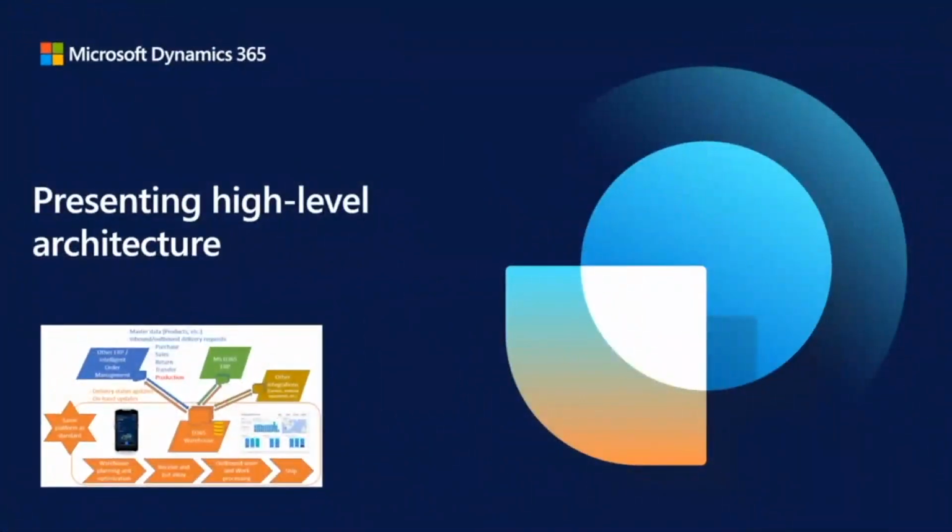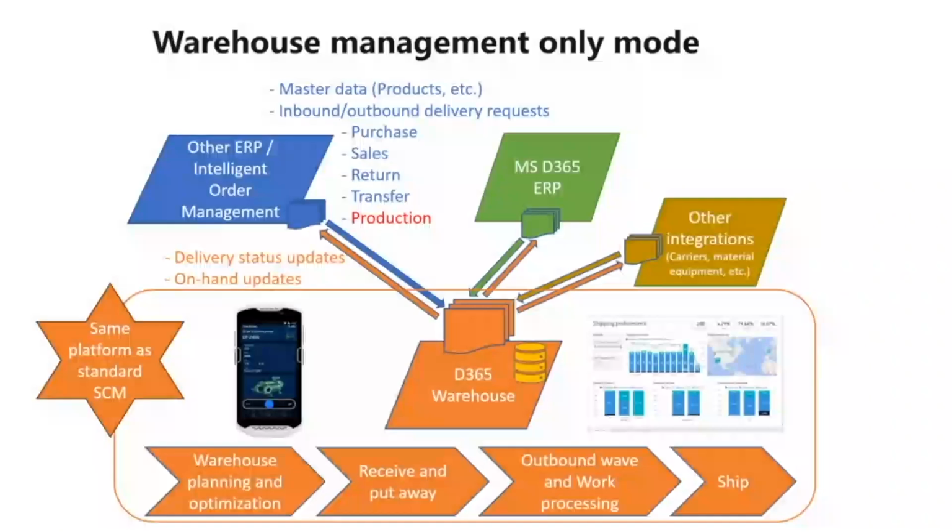So let me present the high-level architectural thoughts around the warehouse management only mode. The architectural concept you see here shows the things around needing, of course, some kind of ERP or intelligent order handling system of some kind, and then integrating this to our warehouse.